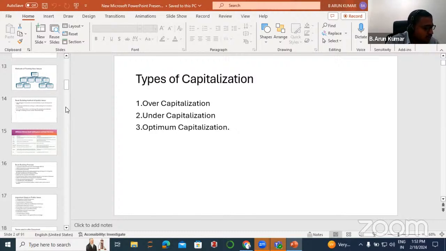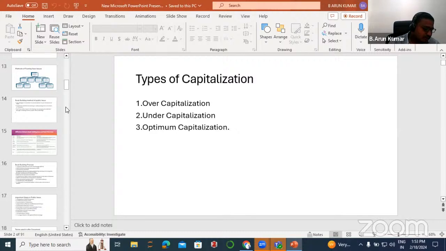Before that, know the definition of business finance. On page number 2 they have given many definitions. Any one definition you must learn, and also know the types of finance. Start with the business finance definition, then write the types of finance. In unit 1, the types of finance question is very important.